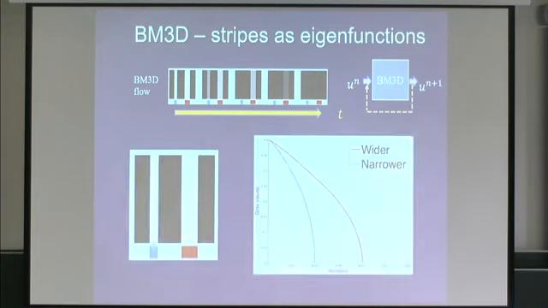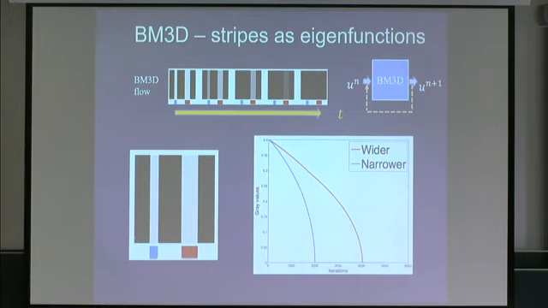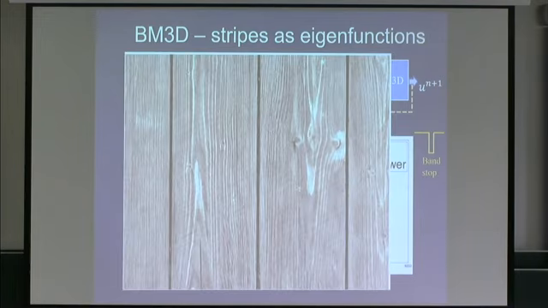And this is how it looks. We took the pixels here, and they decay fast, and the larger stripe decays slower. So we can think of this as sort of eigenfunctions for BM3D in this case. And then, okay, if we take this image and we remove some sort of spectral band, so we can pinpoint eigenfunctions very well, like in Fourier.